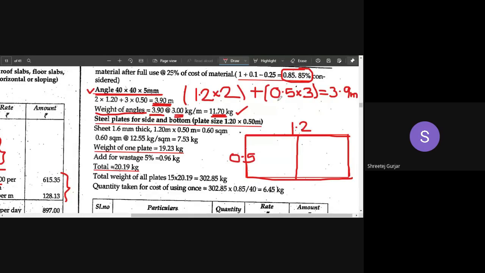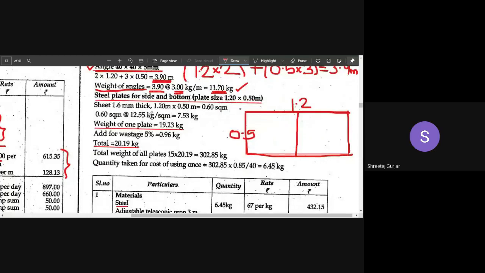Okay, so now moving on. How many panels are required, that we have to calculate. Before that, let us assume that this particular sheet is 1.6 mm in thickness. The thickness of this sheet is 1.6, they have given us.